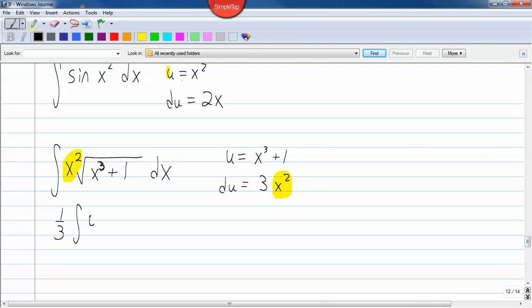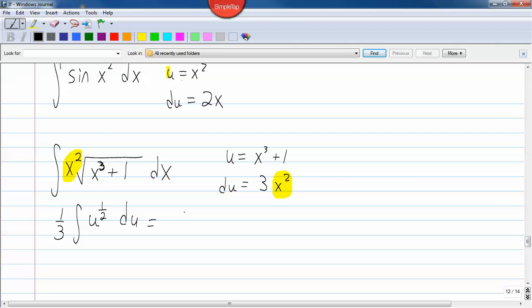So this is u to the, what does square root mean? 1/2 du. We let all the stuff under the radical be our u. We found our du. The variable on the outside matched up, so we can use this u substitution integration.